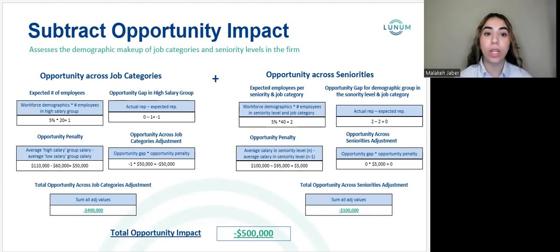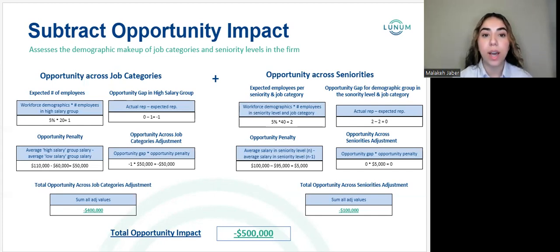So again, we take a look at the workforce demographic makeup, that 5% of Black females, and we multiply that by the number of employees in the seniority level and job category. In this instance, there are 40 employees. When we run the calculation, we would expect that there are 2 employees per seniority and job category for this specific given demographic group of employee X.